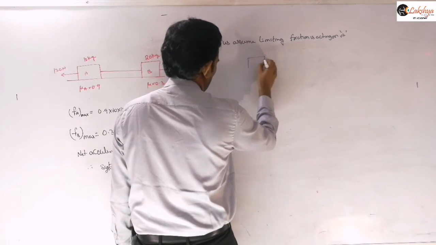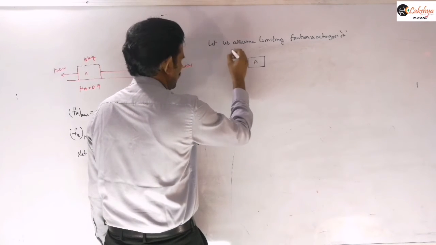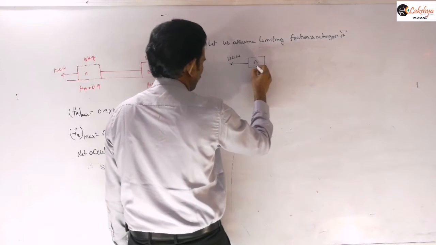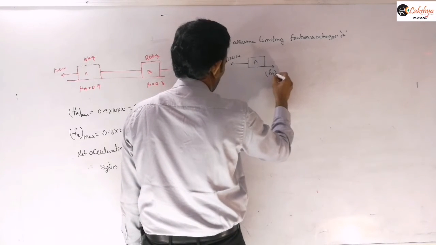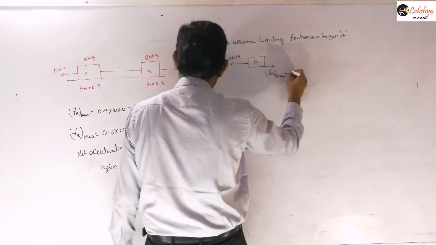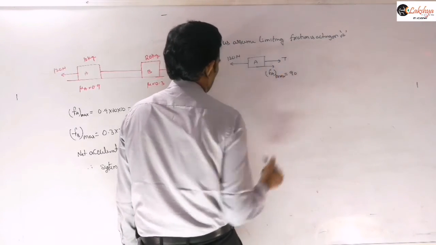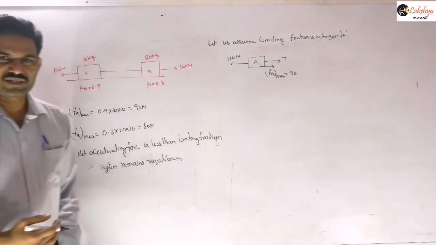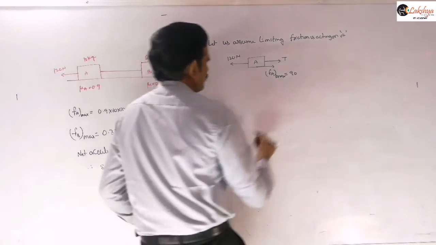So this is the case here. This is the free body diagram of block A I am taking here. So this will be 120 newtons. Sorry, 120 newtons. So this will be FA limiting, or FA maximum as we mentioned, which is 90 newtons. And here some tension will be there, right? We already concluded that the system will remain at rest, so we can calculate the tension value.